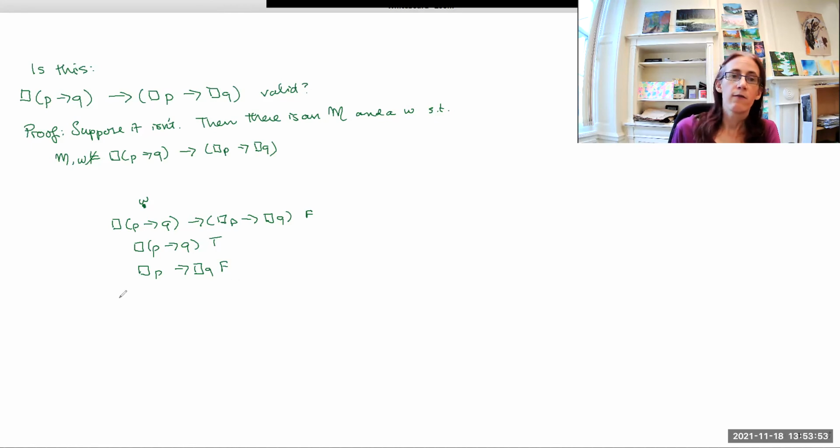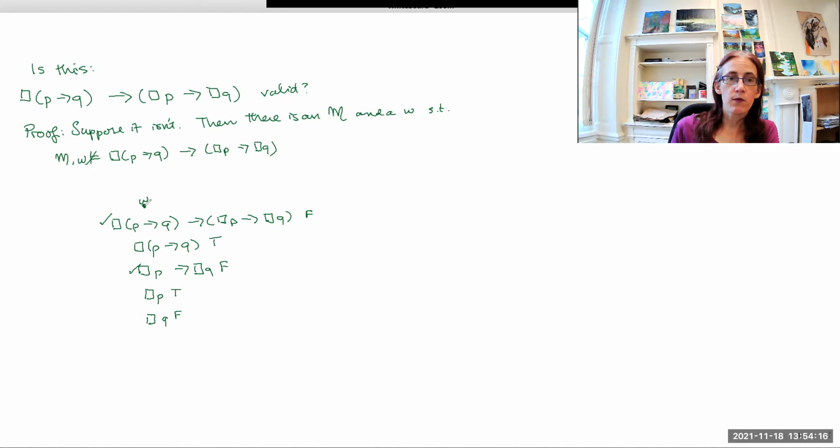What is the way for this to be false? If the antecedent is true and the consequent is false. Now, we've taken care of this one because we've broken it down into these two. So what we are left with is two necessity claims that are true and one that is false.